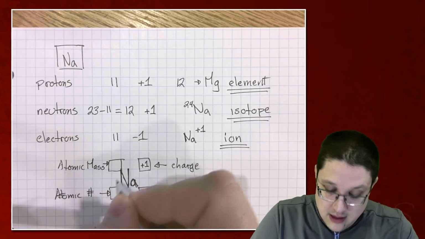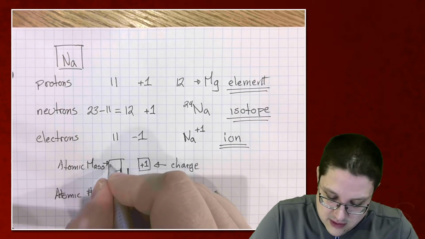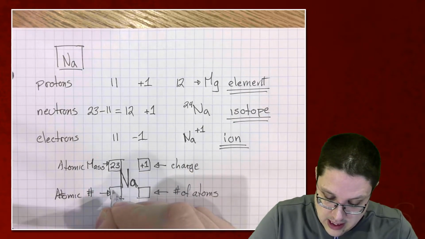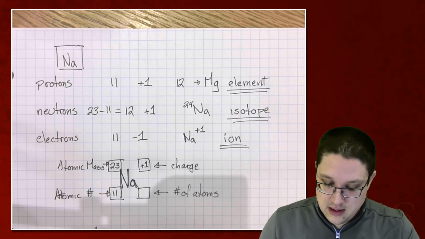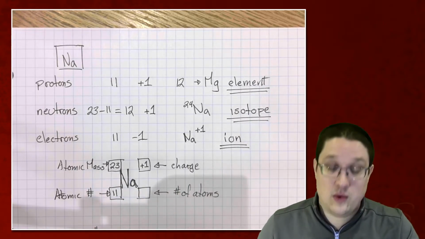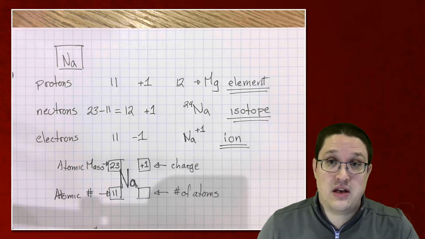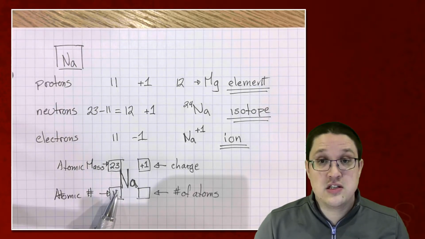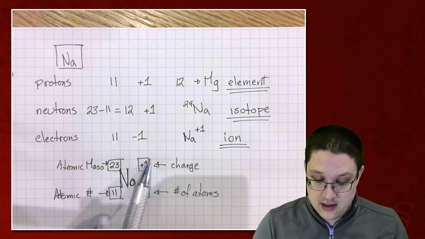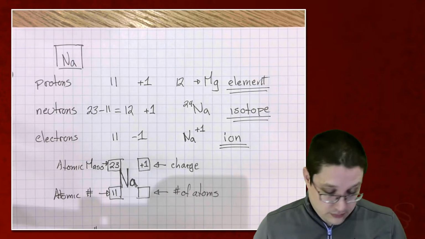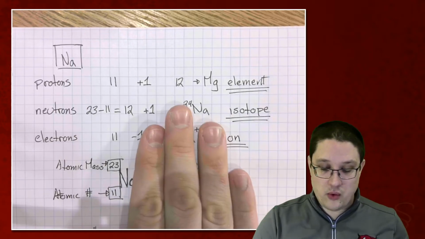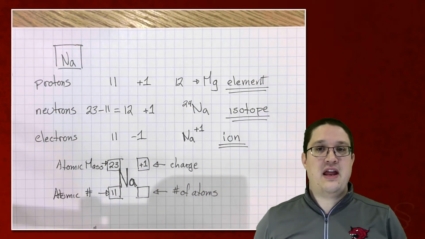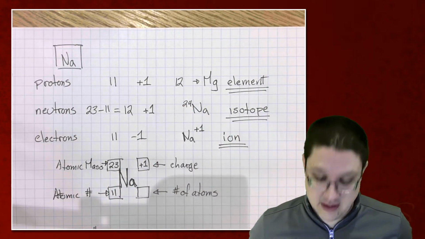So the normal isotope of sodium is 23 and 11. So I've got 23 for my mass and 11 for my atomic number. If I change either of those, this changes the isotope, this changes the element. Okay? This here changes the ion. So all of these are useful. We're actually going to be more interested in the left-hand side because we're looking at physics.